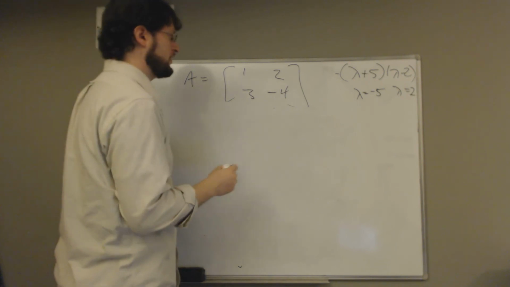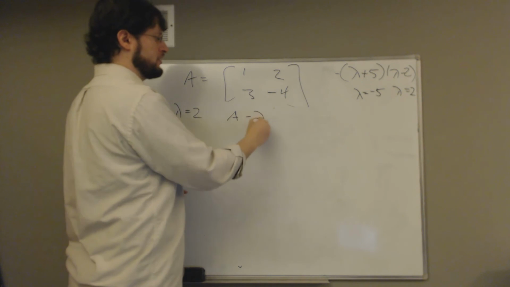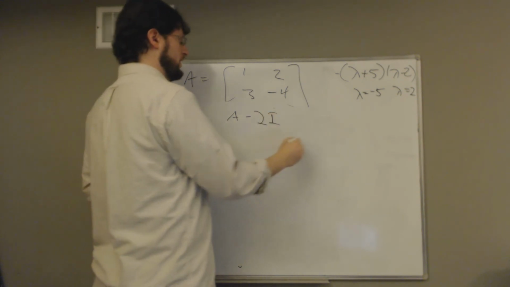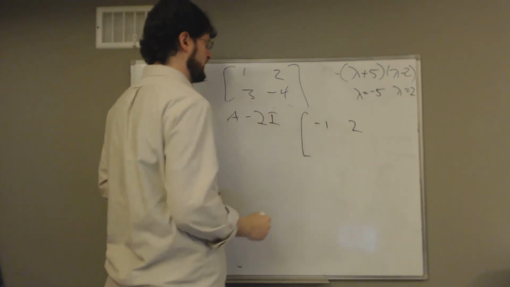If we look at lambda equal 2, then A minus 2I is [-1, 2; 3, -6]. We're taking 2 off on the diagonal.